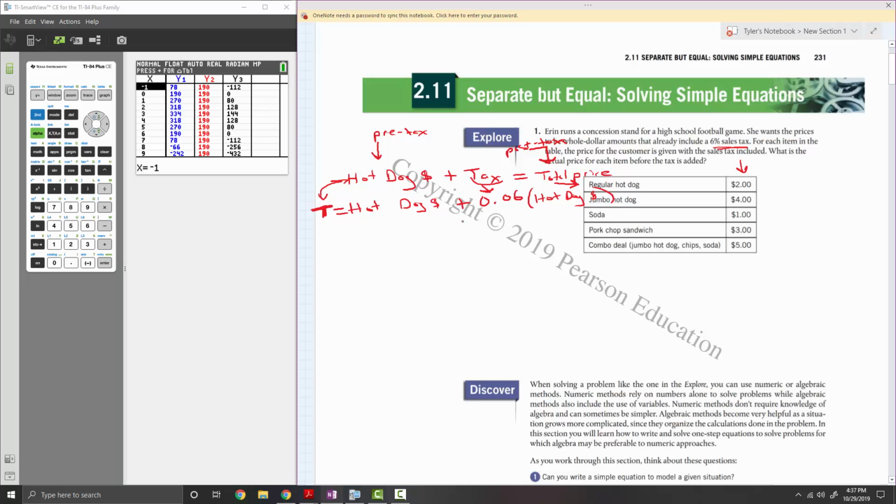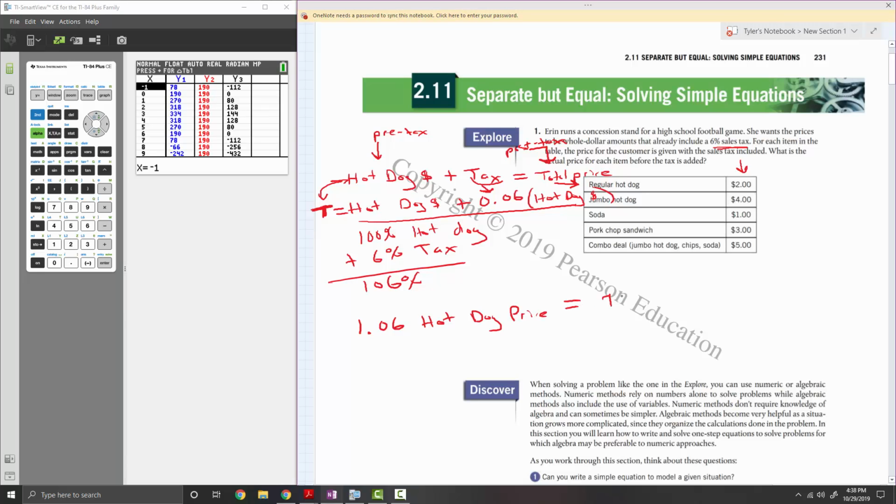So if you wanted to do this numerically, right, what you'd have to think about is this represents a 6% increase, right? I have to pay 100% for the hot dog, and then I have to add in 6% of sales tax to get me 106%, right? So this is a 6% increase, right? So in other words, if I take 1.06 times the hot dog price, this should equal the total price, right?